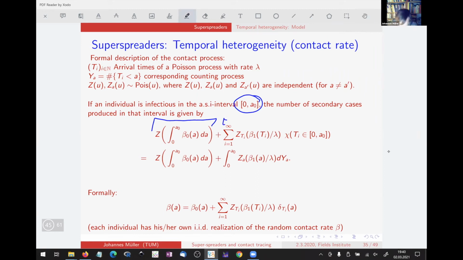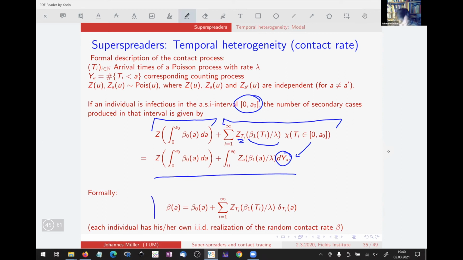And for the super spreaders, we have the times for the super spreader events. If a super spreader event happens, then beta 1 at this time over lambda will give us the expectation of this Poisson distribution. And we can write the second term more elegantly as an integral over the arrival process.